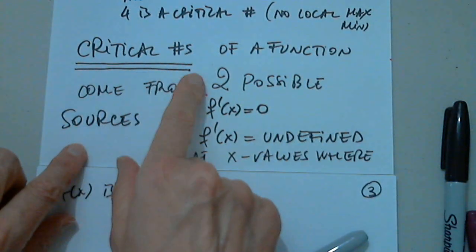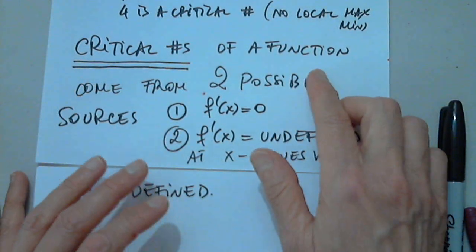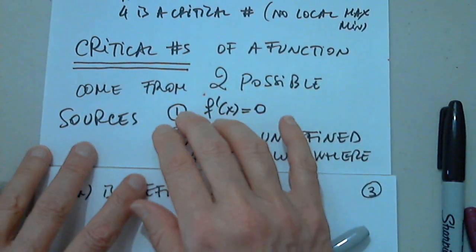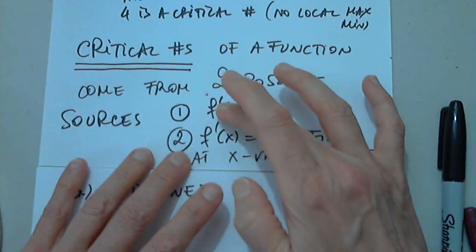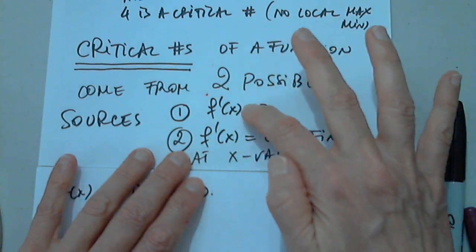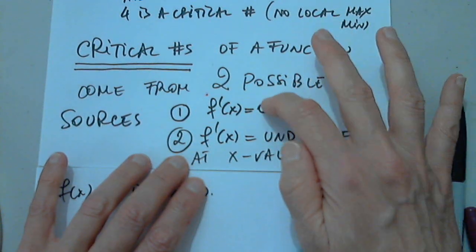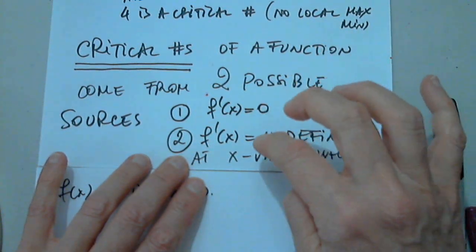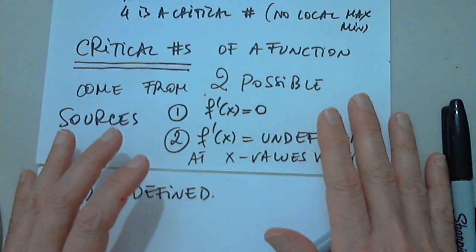Coming back to our discussion, as I said, critical numbers are important numbers of a function. They can come from two possible sources. A function can have critical numbers coming from this as well as from this, or just from this condition, or just from this condition, or none at all. So everything is possible.